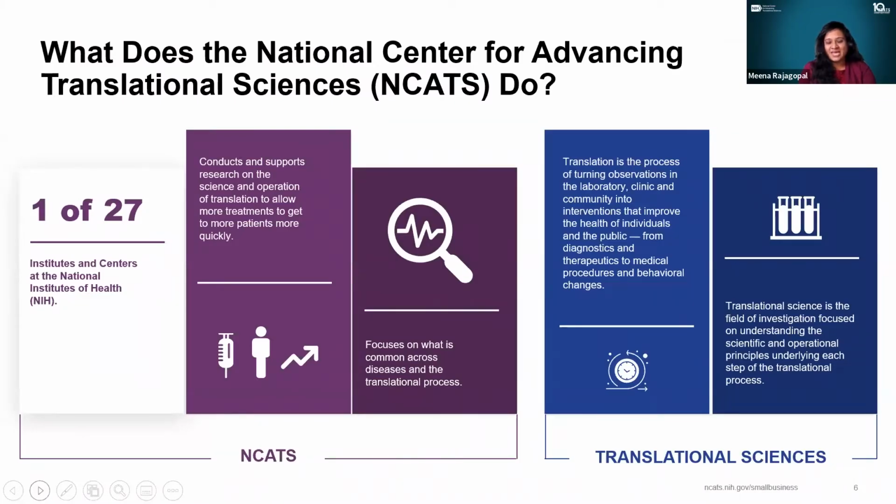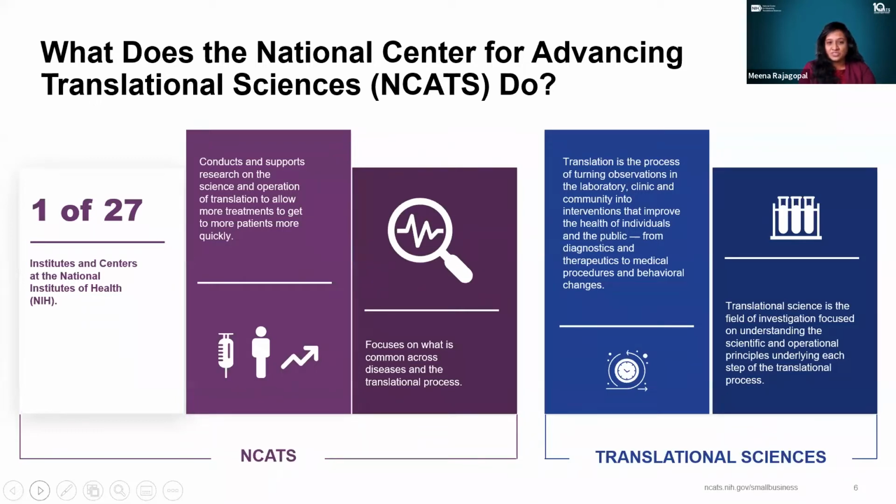I'm very happy to have Dr. Alan Richon from the Center for Scientific Review to talk about how the peer review process, particularly for the SBIR, STTR grants, work here at the NIH. But before I hand it over to him, I would like to very quickly go over the small business program at Ncats. So Ncats stands for National Center for Advancing Translational Sciences, and it is one of the 27 institutes here at the NIH.